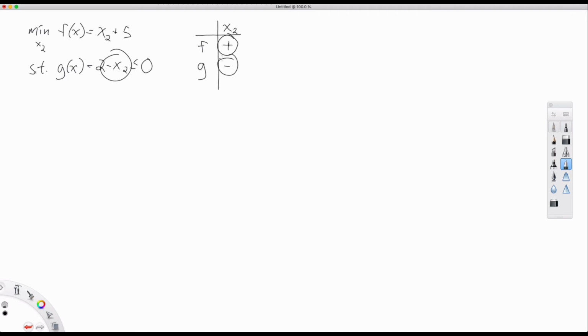In other words, we need to have opposite signs in a single column corresponding to a particular variable. And if we identify these opposite signs, if there is at least one constraint that is capable of bounding the objective function, then we can say that it's bounded.